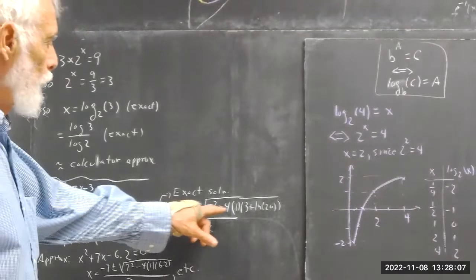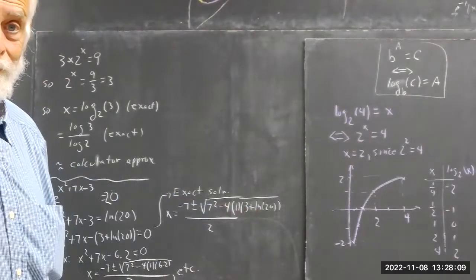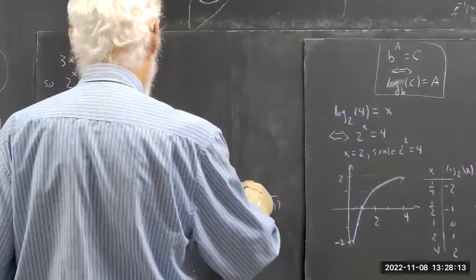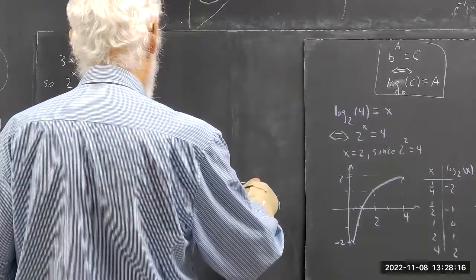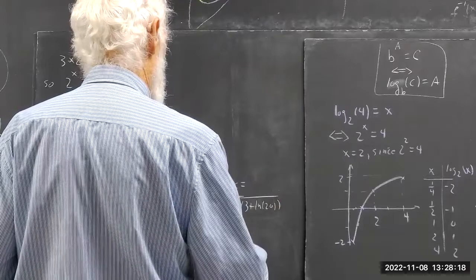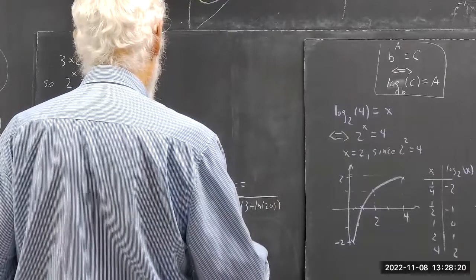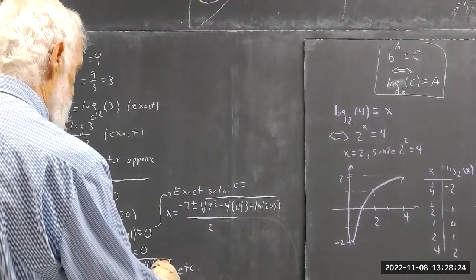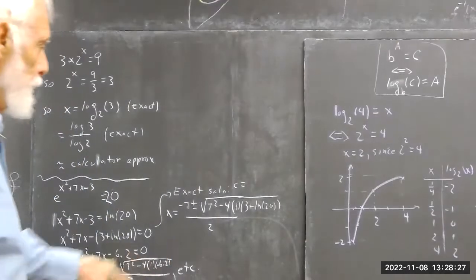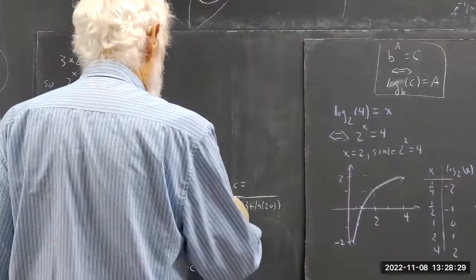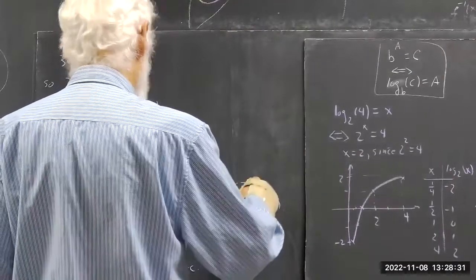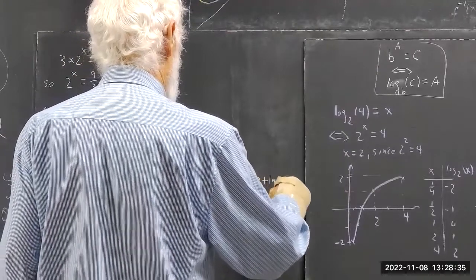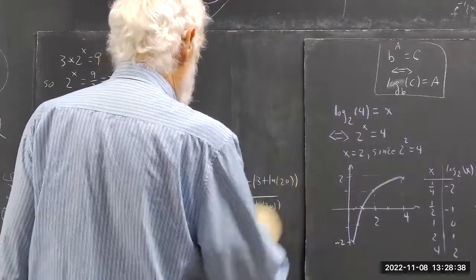Okay, there's your 4AC. And that should have been a negative 6.2 here, which of course will make this whole thing positive. So we put the positive in here. C equals negative quantity 3 plus natural log of 20.